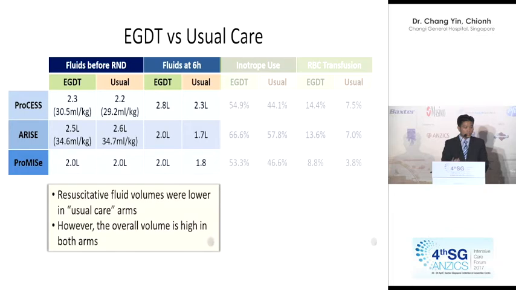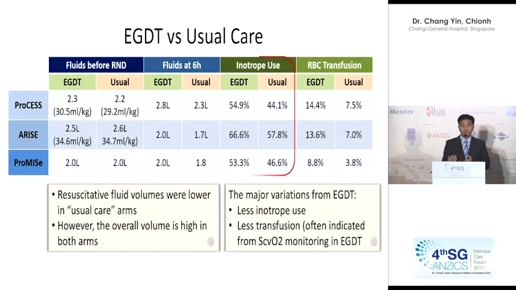Following randomization, there were some differences in the usual care group. They did have lesser amounts of fluids given in terms of fluid resuscitation. But if you look at the overall volume, it is actually still quite high, regardless. The main variations in all three studies were in the inotrope use and the red blood cell transfusion.